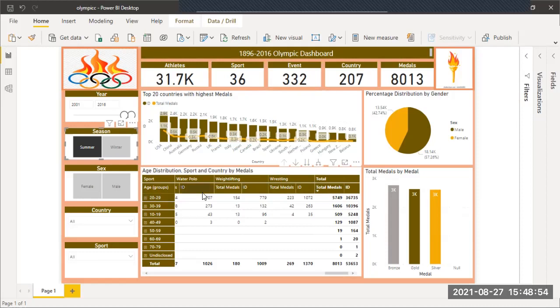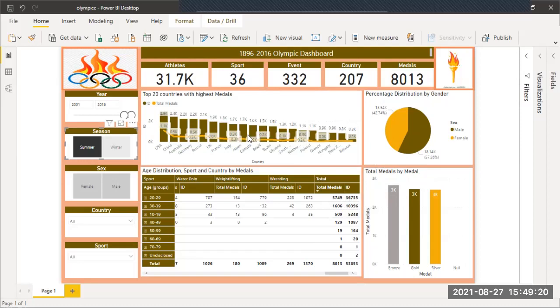The age group for that season is still 20 to 29, and we won more bronze medals still in the summertime. The gender distribution for male to female athletes is still 57 to 42, with more females participating than before.